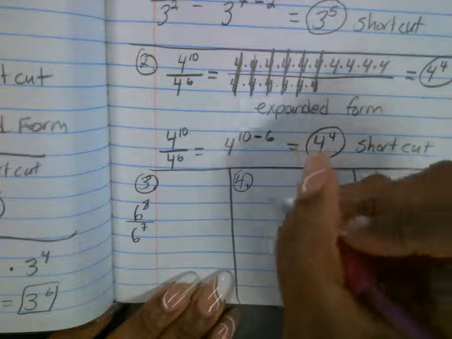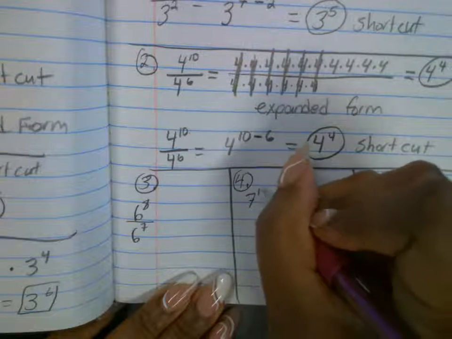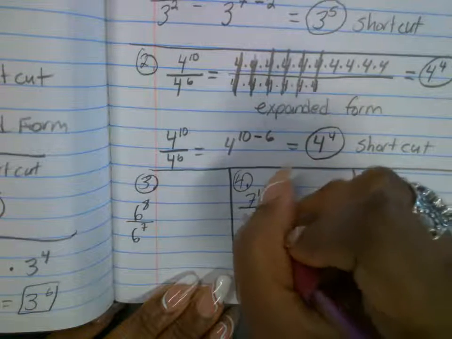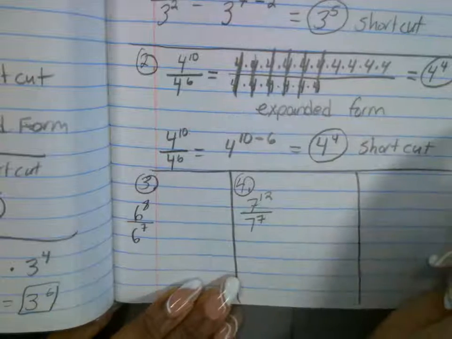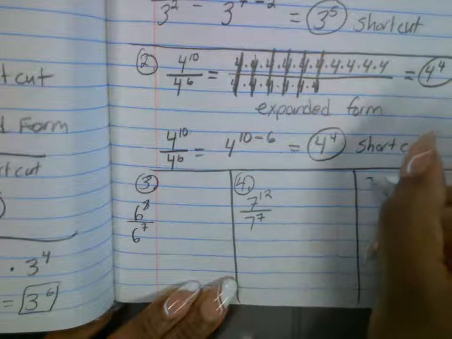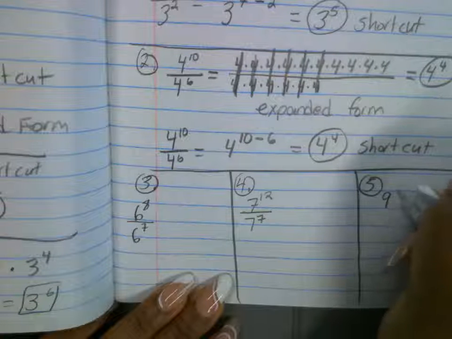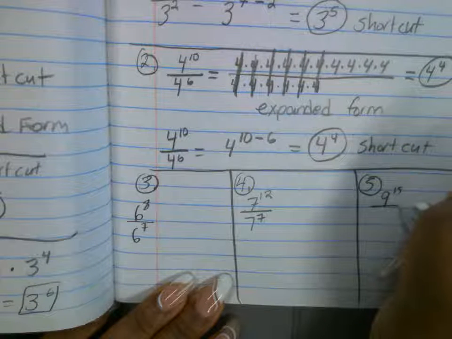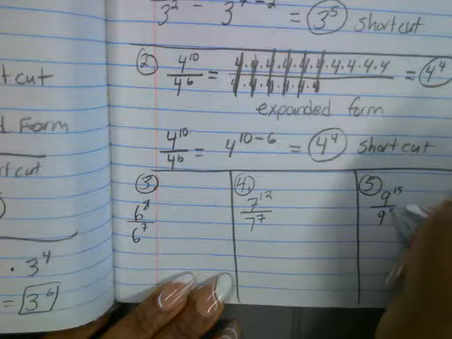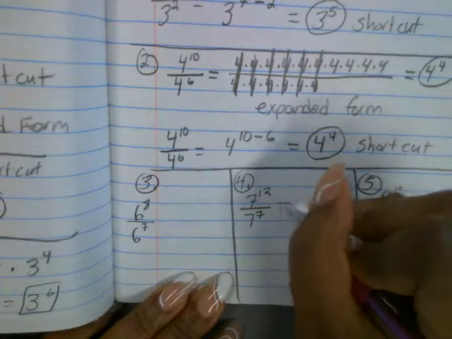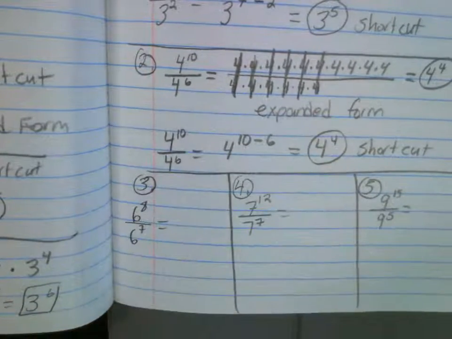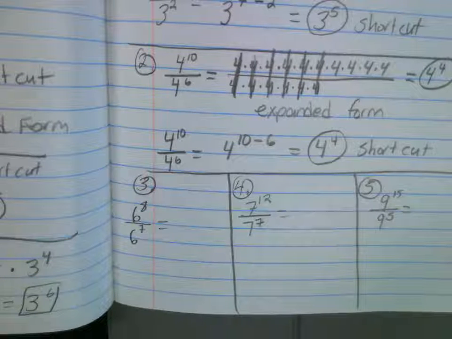Number 4: 7 to the 12th divided by 7 to the 7th. And number 5: 9 to the 15th divided by 9 to the 5th. Okay, see if you can get those. And pause for the calls.